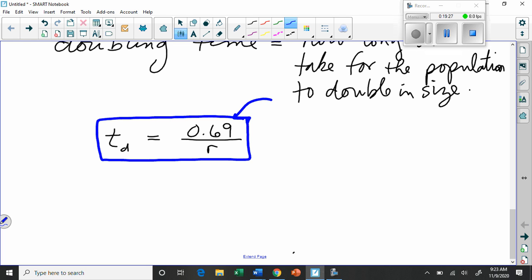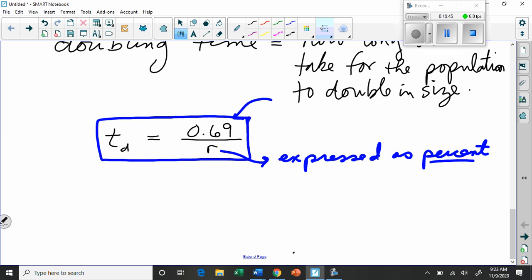Now, the little r in this case is expressed as a percent. So let's say you had a population, and the growth rate, which we call r, is 4%.